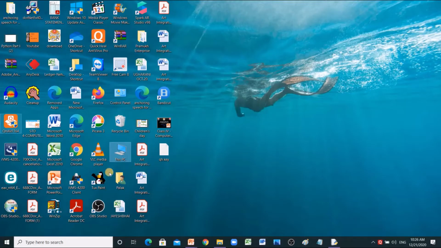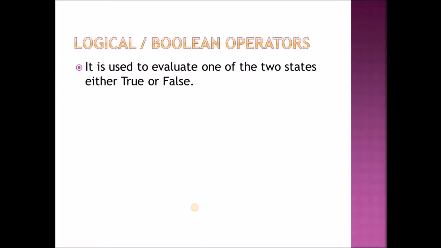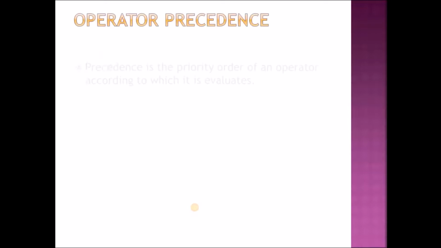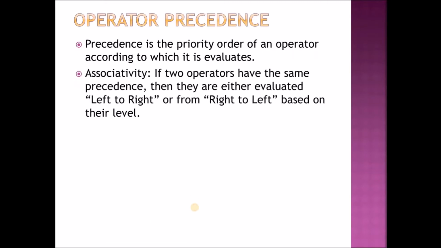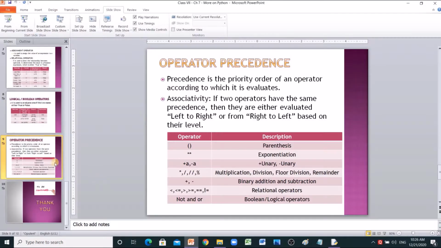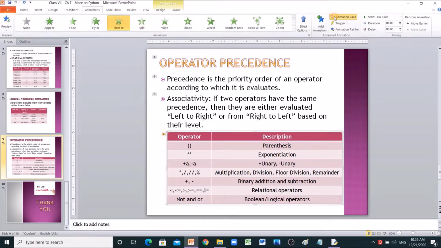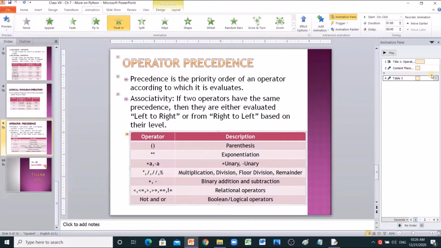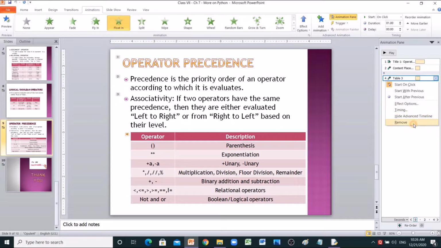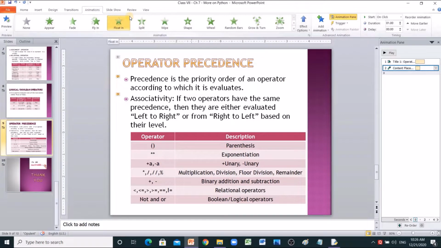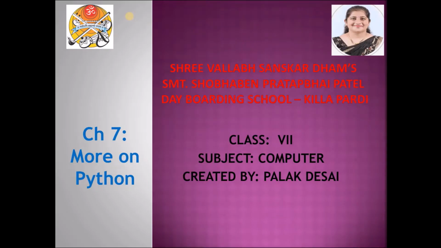Moving on to the next topic. The next topic that we have is operator precedence. Precedence is the value on which the operator works. So here we'll just go through this table to understand it in a better way.